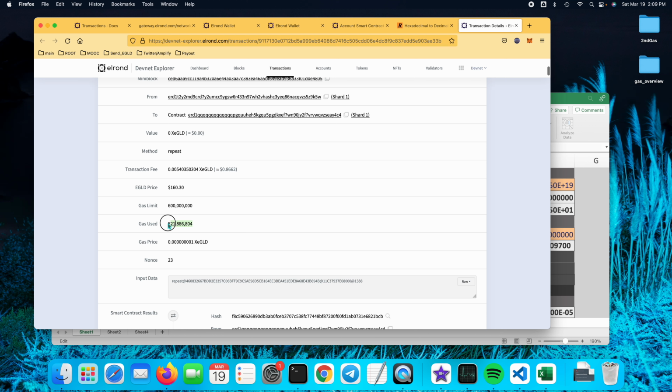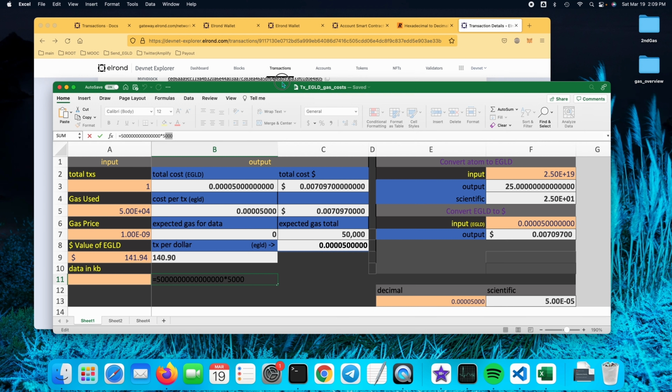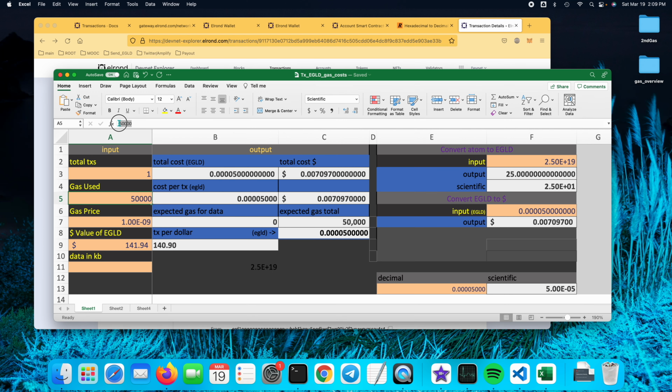Let's put in this number here. Let's come over to my spreadsheet and say gas used, and 5,000 transactions. That is at a per transaction cost of this number here, which is still double what your normal transaction costs, which I just happen to have right here. So let's go ahead and put this in our spreadsheet.